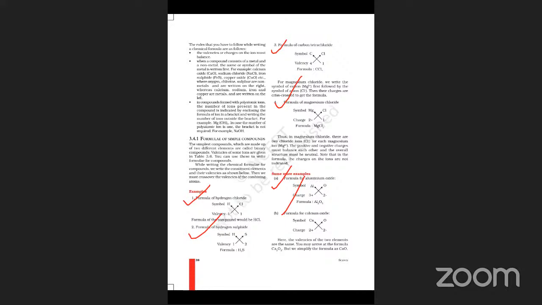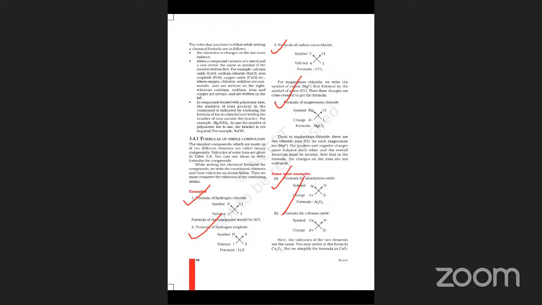Okay. Advay, can you explain third and fourth? Yes, sir. In the third example, we have taken the valency of chlorine, which is 1, and carbon, which is 4, and then we crisscrossed it, and then we got the formula CCl4.